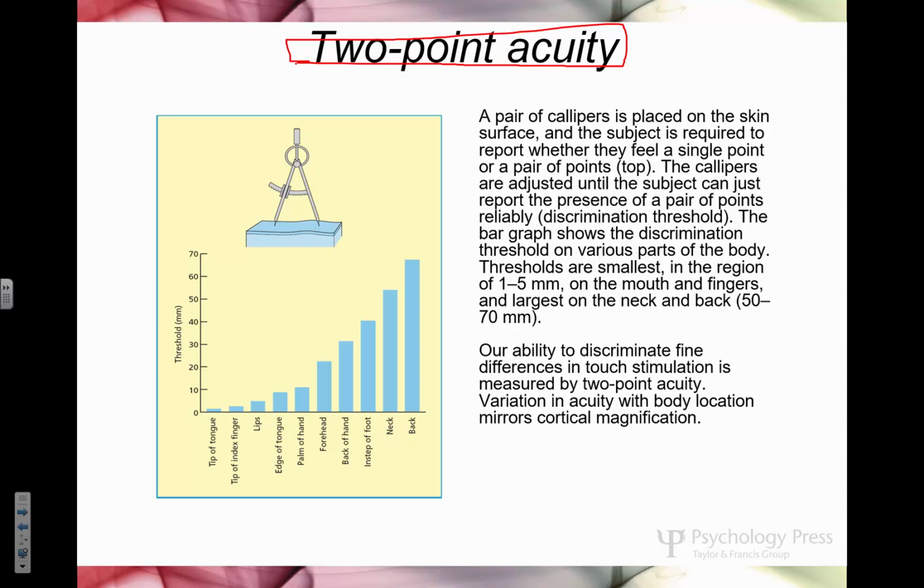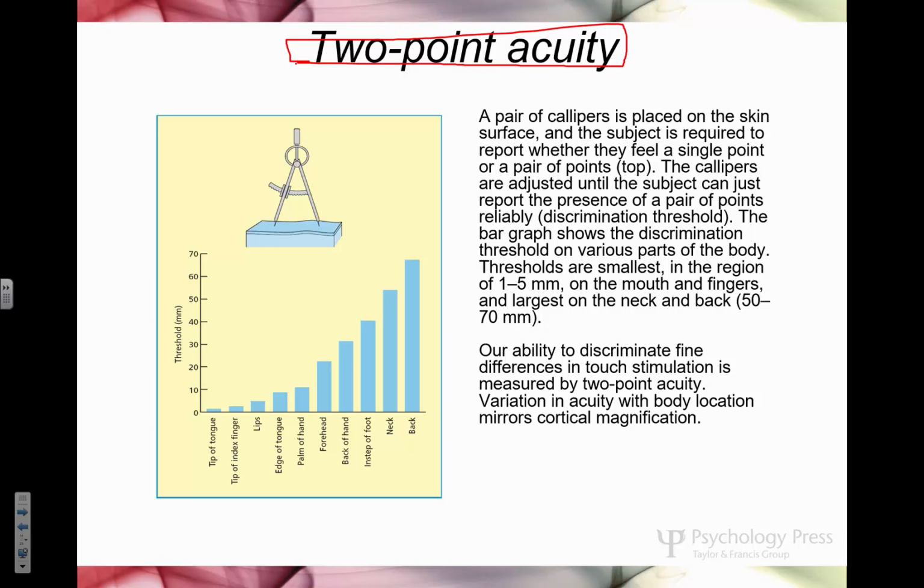And so what we're really asking is, how big is that receptive field? Because if both points are inside the same receptive field, guess what? You think it's one. When we get that second point into a separate receptive field, then we know it's two. So that's pretty cool.